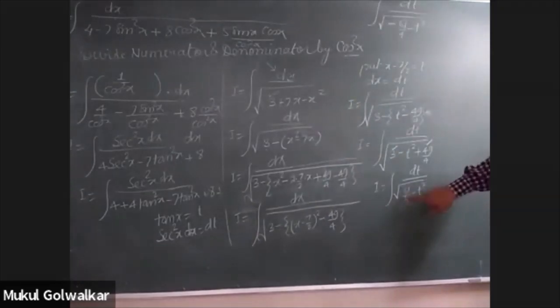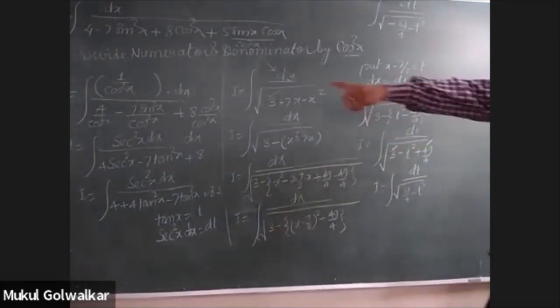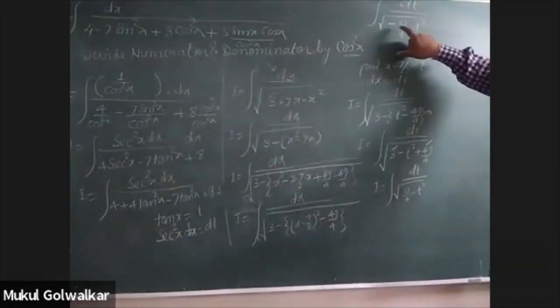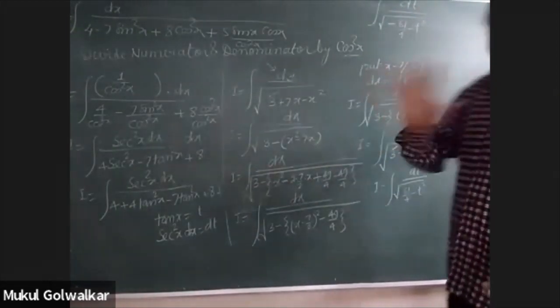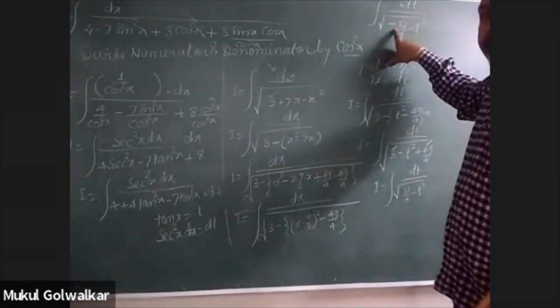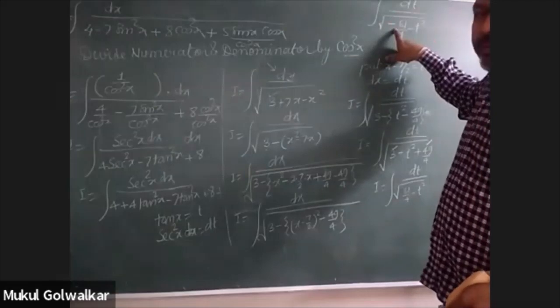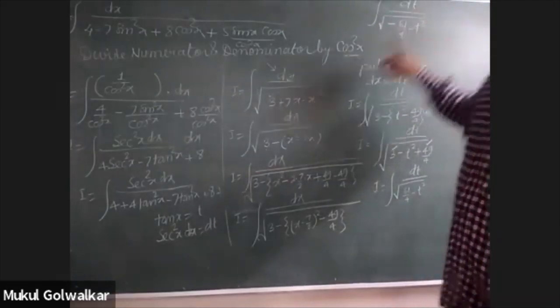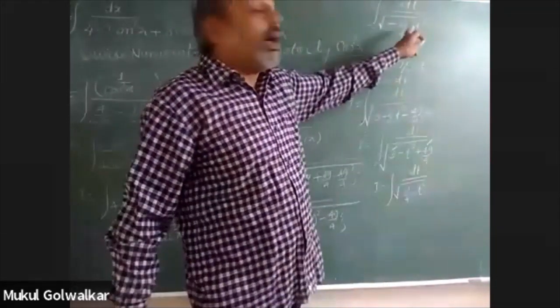By chance our question could not be converted in the form of this expression, but please imagine that within the under root sign the constant term which you are getting is also negative, and the t square term is also negative. That means all terms which we are writing within the square root sign are negative.